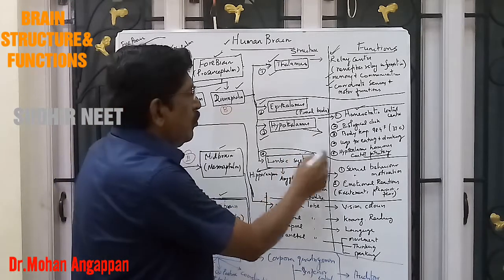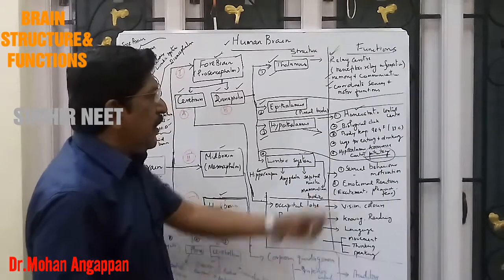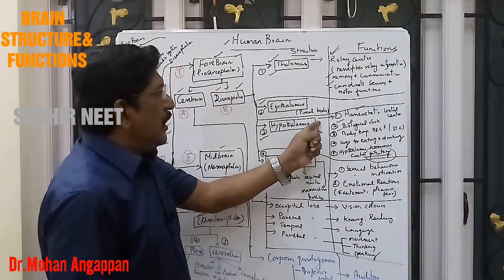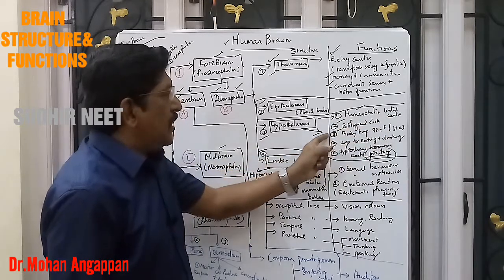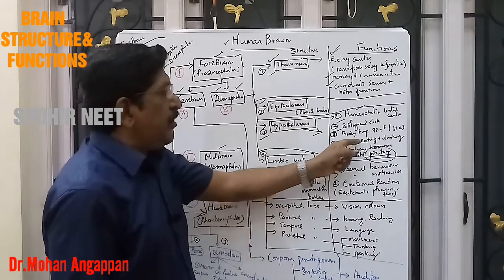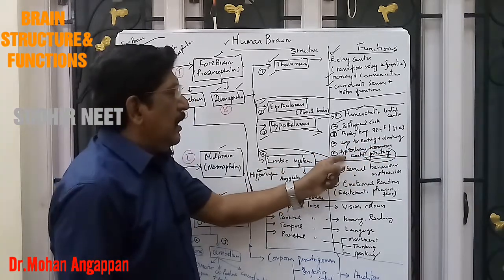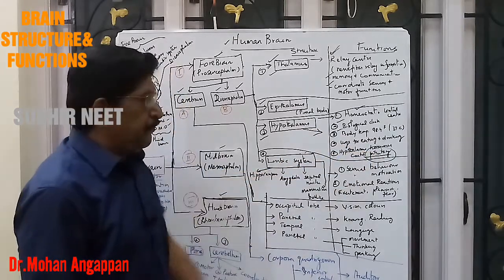So I repeat, the hypothalamus acts as the homeostatic control center. It's a biological clock responsible for body temperature. It is responsible for the urge for eating and drinking. And the hypothalamus secretes hormones which control the pituitary.